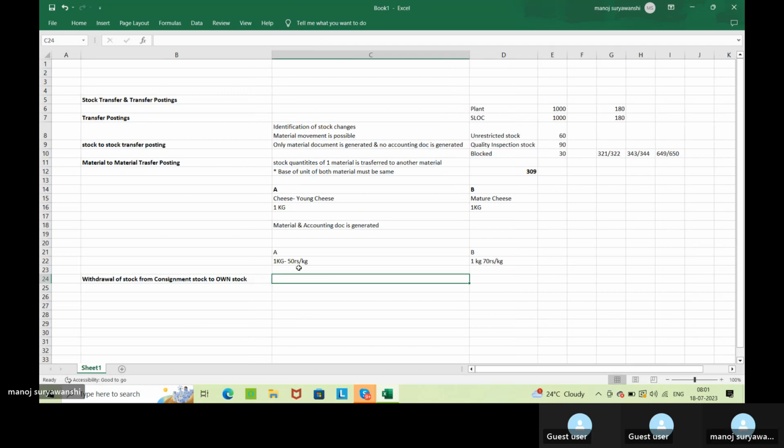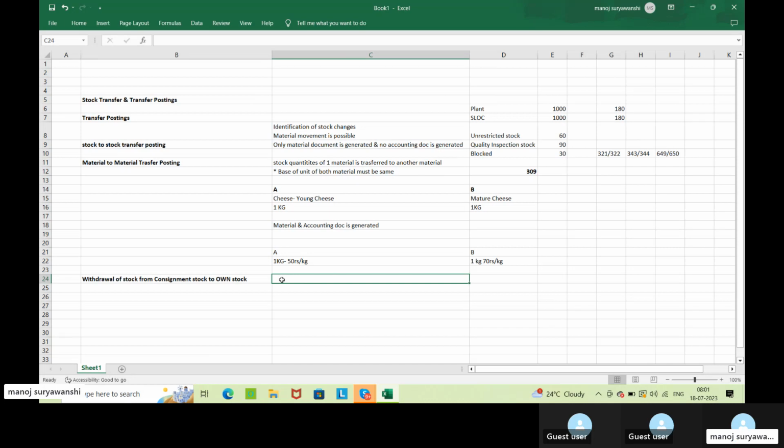Now, vendor consignment stock, it is a special stock where vendor keeps his quantities at our premises, and the ownership of those quantities is still with the vendor. Whenever we consume some quantities, only for those quantities we pay to the vendor. Now, the stock quantities from consignment stock either can be directly posted to consumption, हम उसको डायरेक्ट कंजम्पशन के लिए यूज कर सकते हैं, या फिर वेंडर कंसाइनमेंट स्टॉक से उसको हम हमारे स्टोरेज लोकेशन पे लेके फिर उसको कंज्यूम कर सकते हैं.